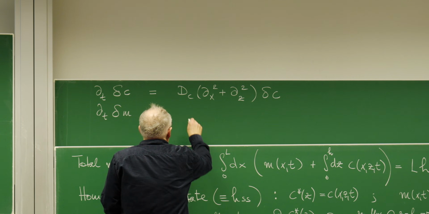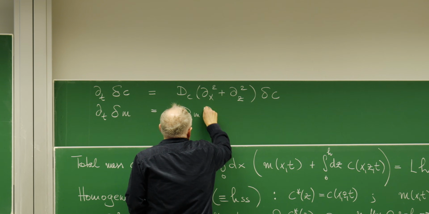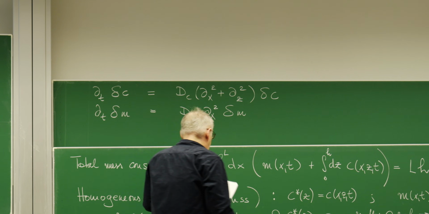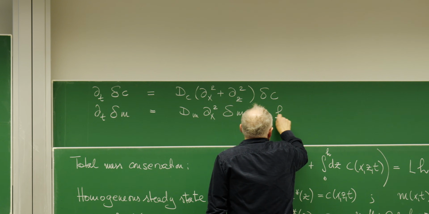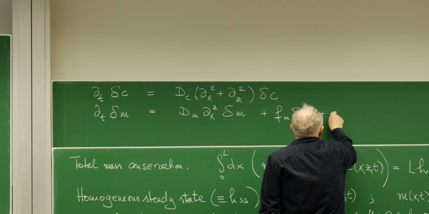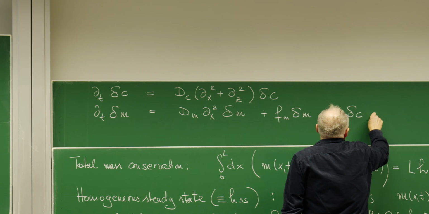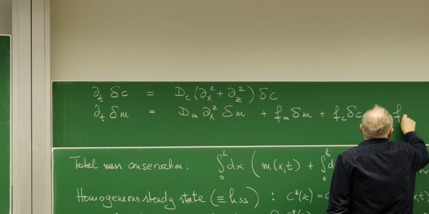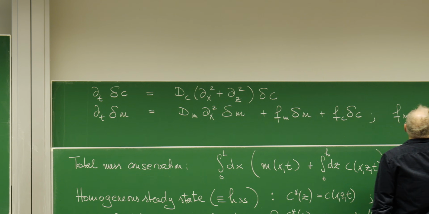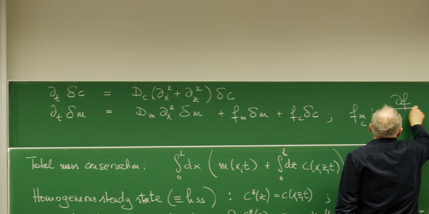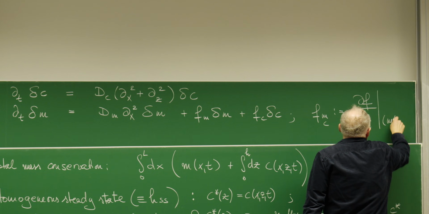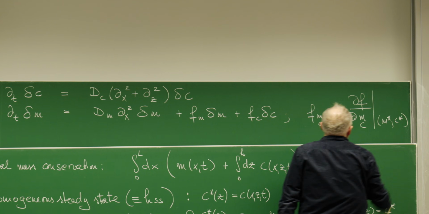I do have D_m d_x squared delta m, and from the reactions, I need to expand around the fixed point, and there I do have these functions f_m and f_c, and they are defined as the partial derivatives with respect to m or c evaluated at the fixed points.